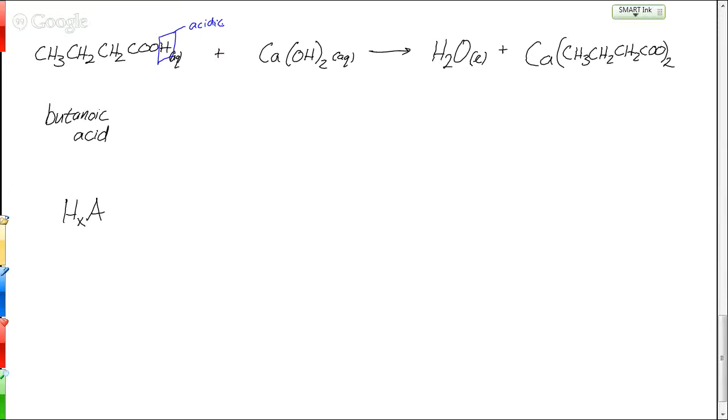I would tell you it was an acid, and you could look for the acidic hydrogen, just like with acetic acid. But the rest of it is all just like any other acid-base reaction. You have hydroxide, and it combines with H+ and forms water, and then it's just a matter of putting the resulting things together.